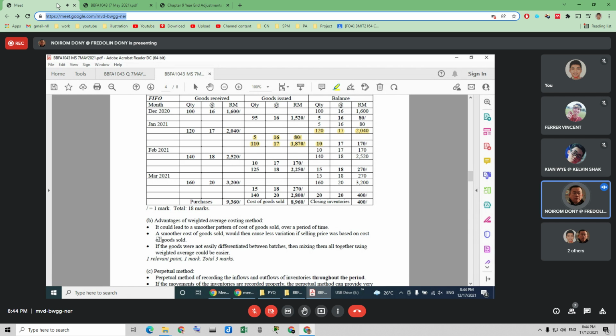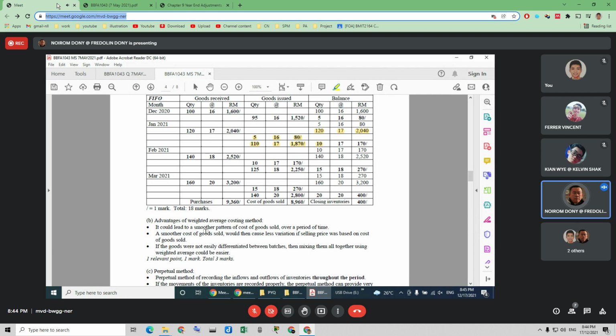So your cost of goods sold will be more or less the same, because whenever we have an issue, we have to do the averaging. Meaning the variation of prices was smoothened out. So that is the meaning.